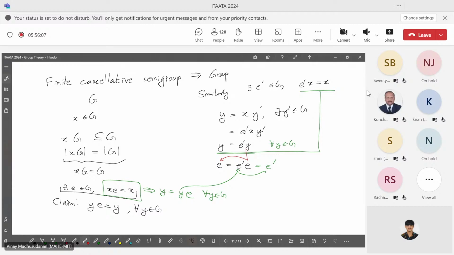These must be equal. In the special case where we take y equal to E, you get E prime is equal to E. But here, if you take y equal to E prime, you get the same E prime equal to E prime. Therefore E is equal to E prime.